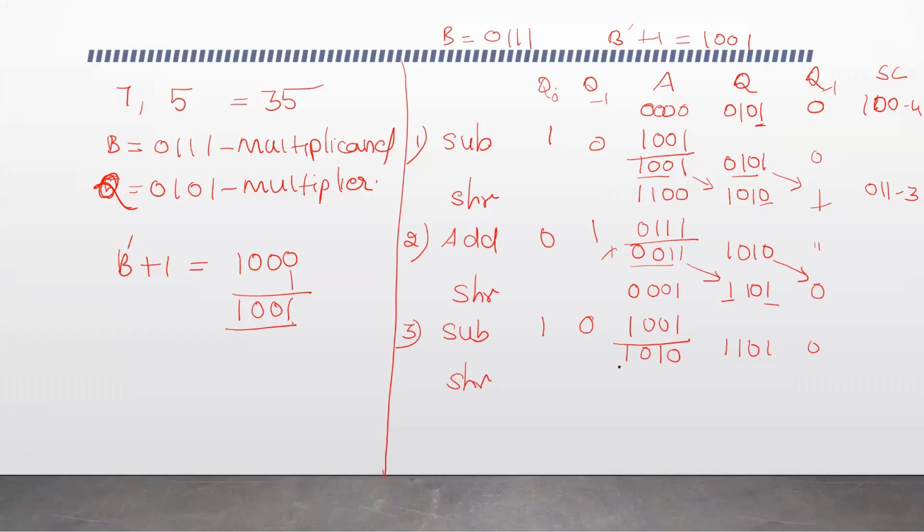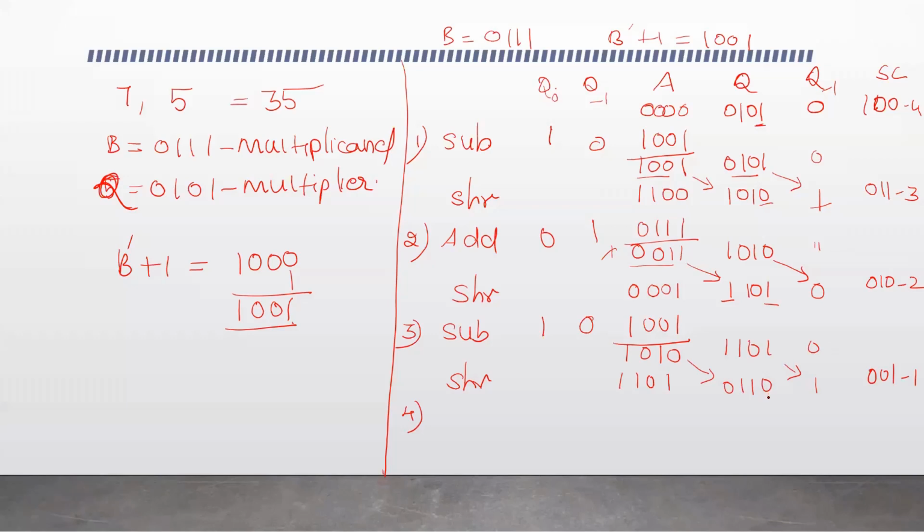When you perform shift right, you get the sign bit and the 3 bits, 1, 0, 1. The 0 moves here, so 0, 1, 1, 0, and this 1 here. We decrement SC, and it becomes 1.